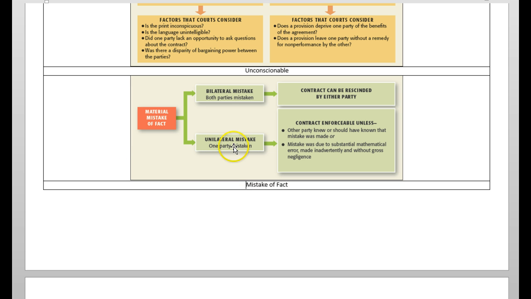And in a unilateral mistake, one party is mistaken. Usually, in a unilateral mistake, there have to be some conditions met. If the other party knew or should have known that a mistake was made, they should have said something.